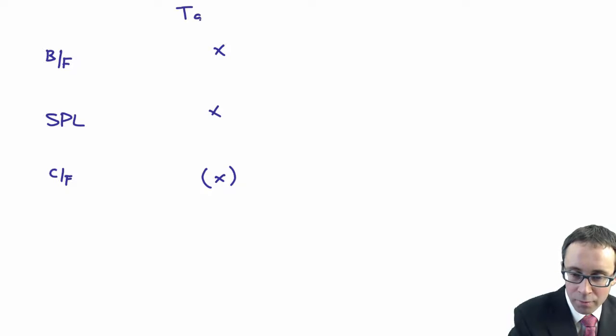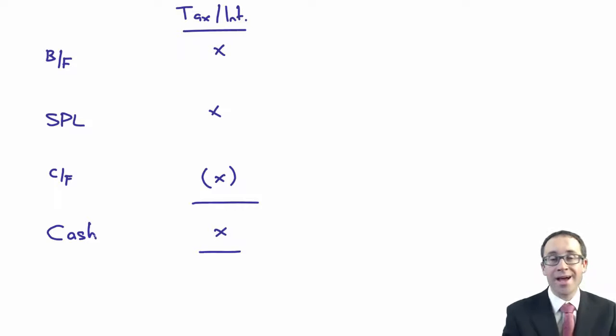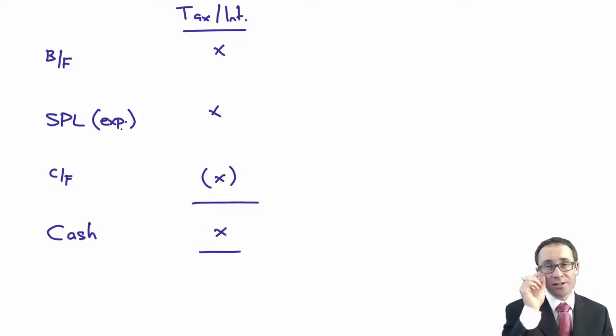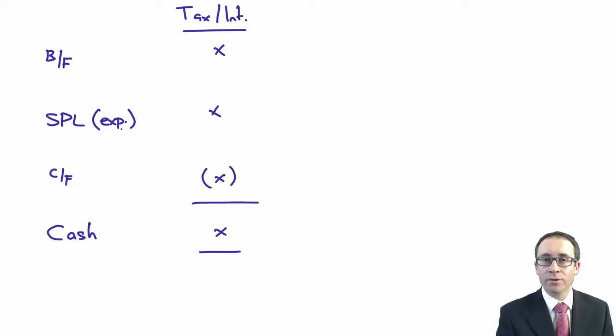Here, the profit or loss figure will be for your tax or your interest expense, so the finance cost. You take your opening, add on the expense, and deduct the carry forward to give you your cash figure. I know, that's much easier than T accounts, but I do think that fundamental principles are important. If you understand the fundamental principles of debits and credits, you're going to make a pretty good accountant.